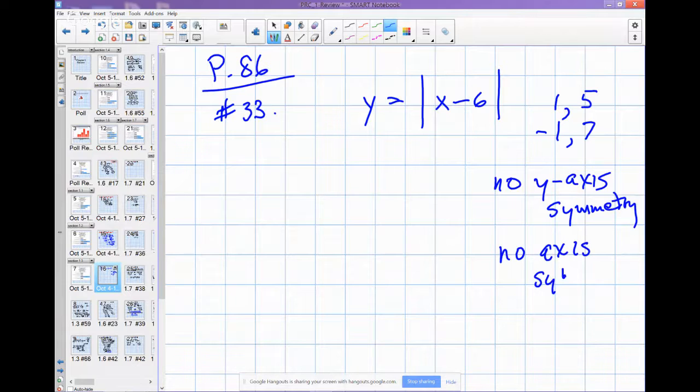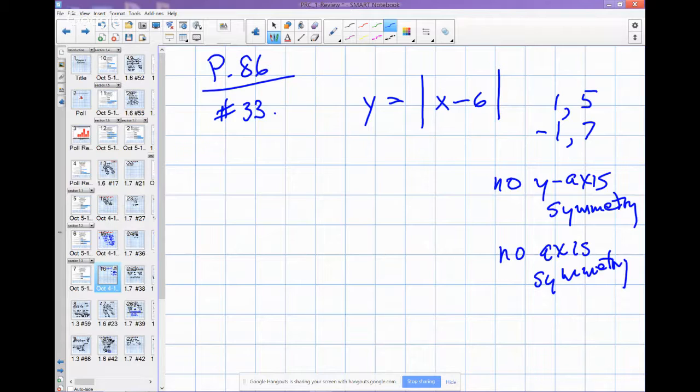And what I did is I just showed you the method for finding symmetry. So how does one find y-axis symmetry? Plug in a value for x and plug in its negative. And if you get the same answer, you better try a different number, but try it at least twice. You know what I mean?